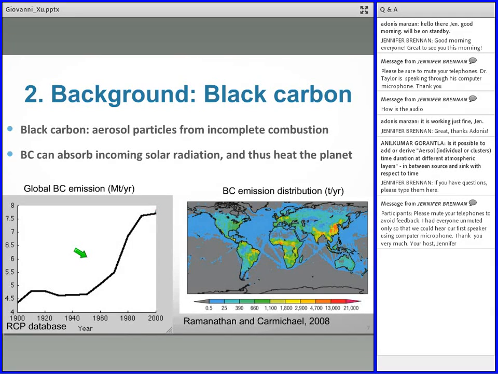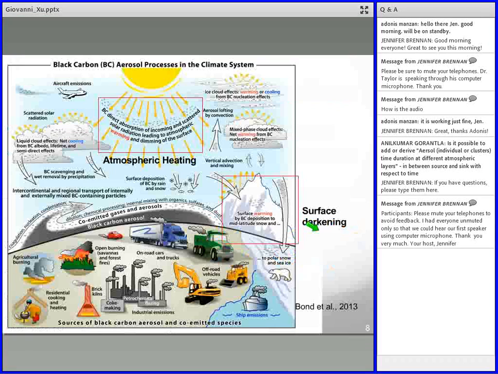And spatially, the emission of black carbon is very heterogeneously distributed, mostly concentrated over regions where open biomass burning is frequent, for example, Amazon forest fire and savanna burning over Africa, and over the developing countries like India and China, where the fuel combustion efficiency is low.